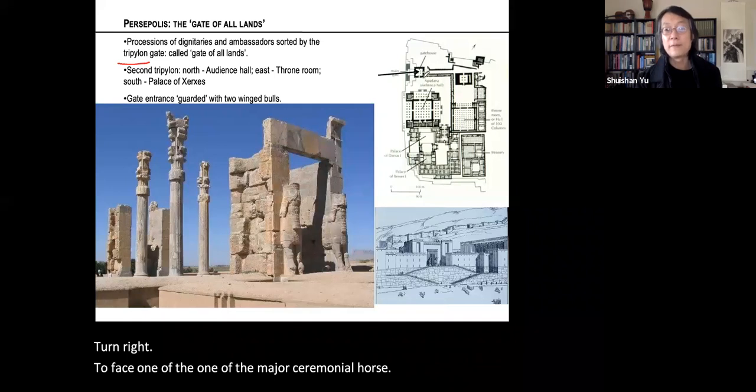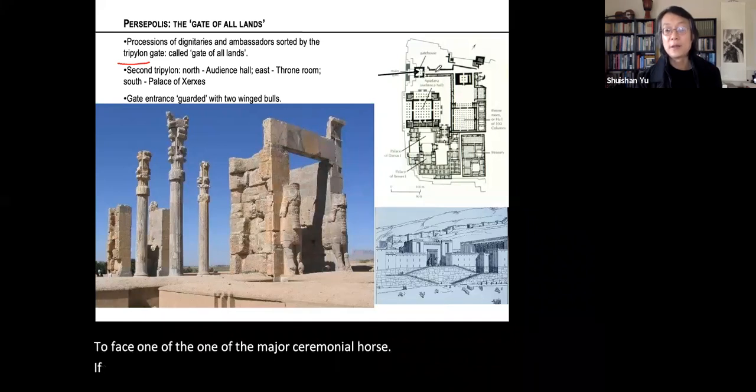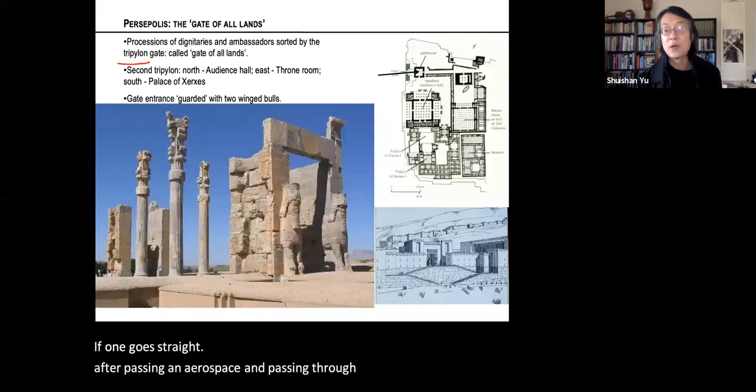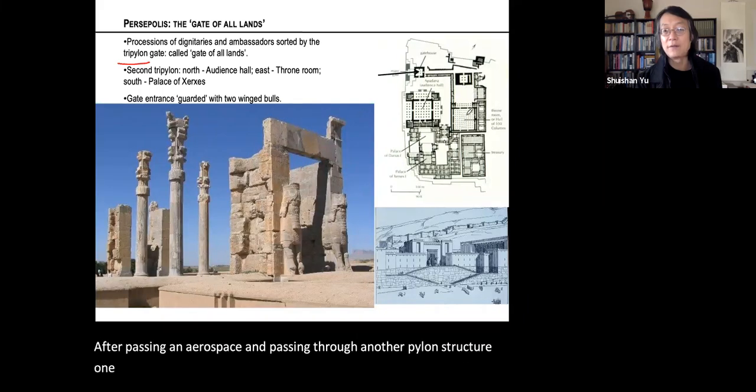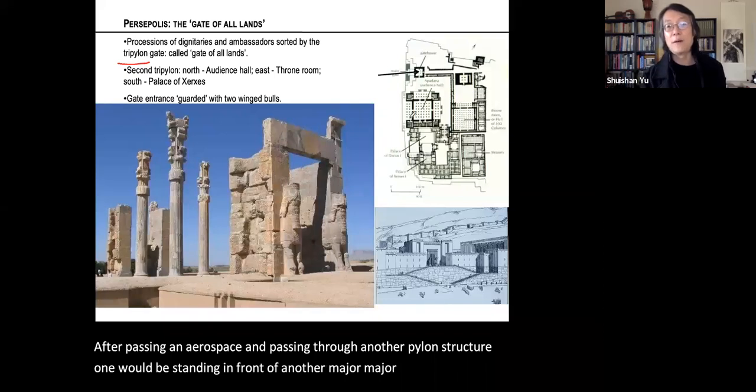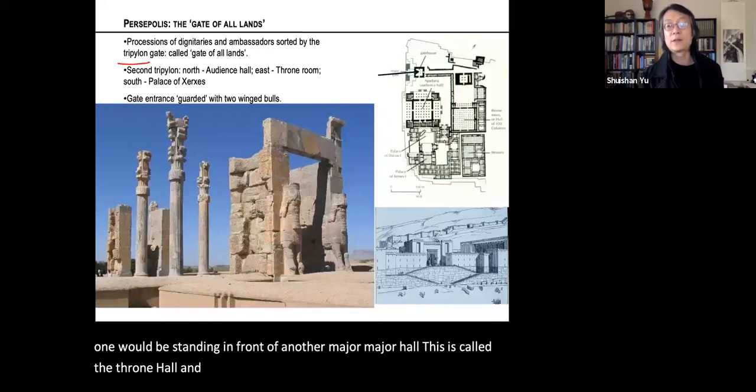And if one goes straight, after passing a narrow space and passing through another pylon structure, one would be standing in front of another major hall. This is called the throne hall, and this is called the audience hall. So these are the two major ceremonial spaces.